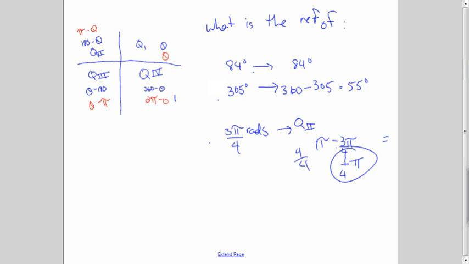So, trying to end up on a couple more examples here. What if we had something like negative pi thirds radians?